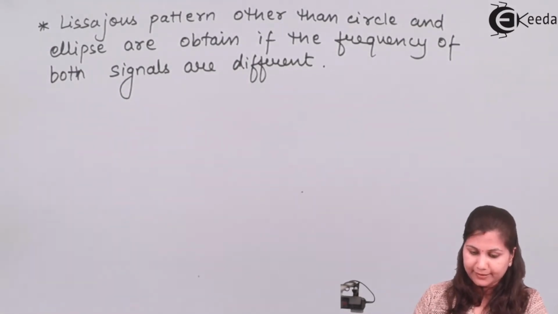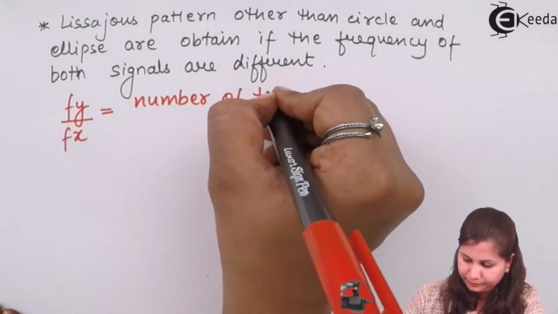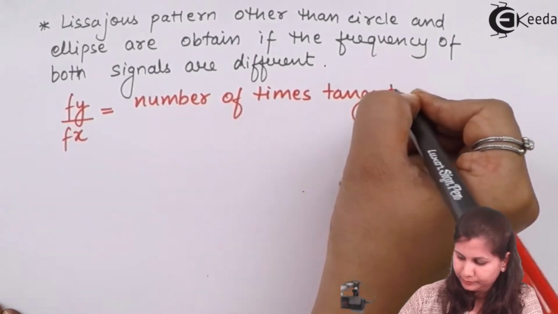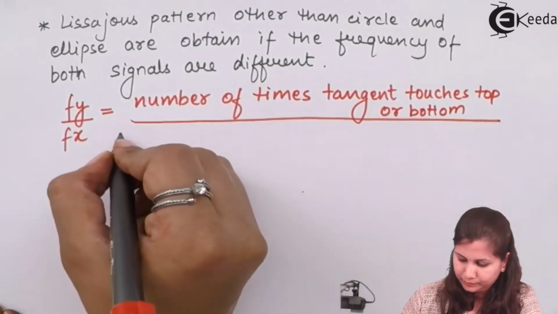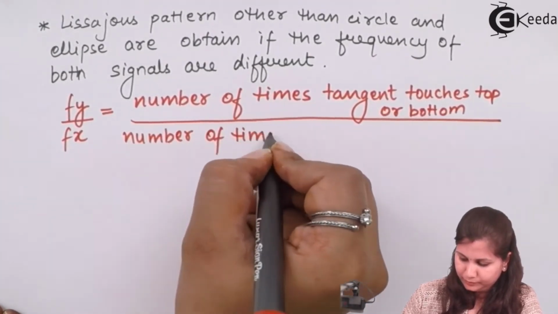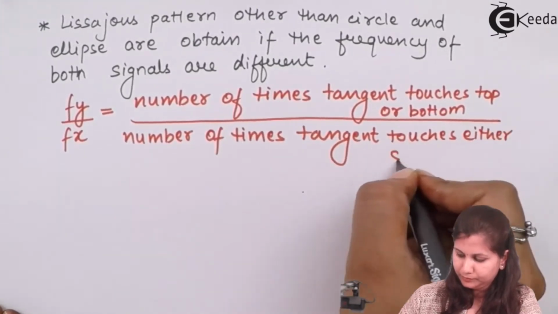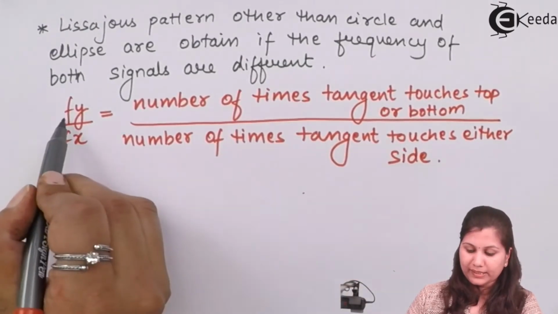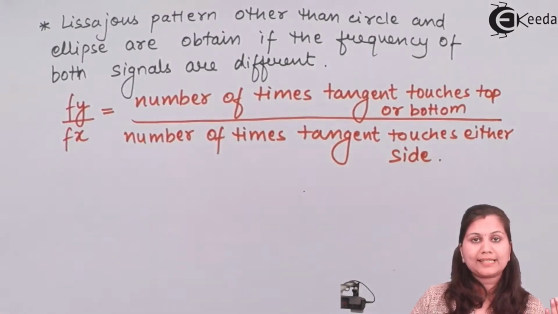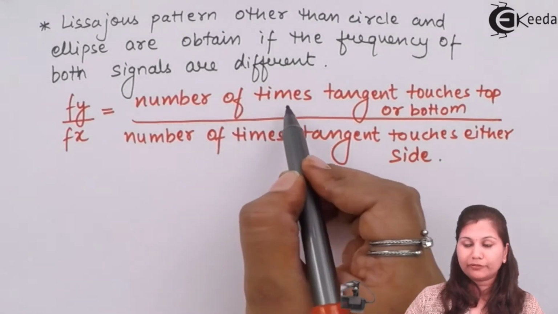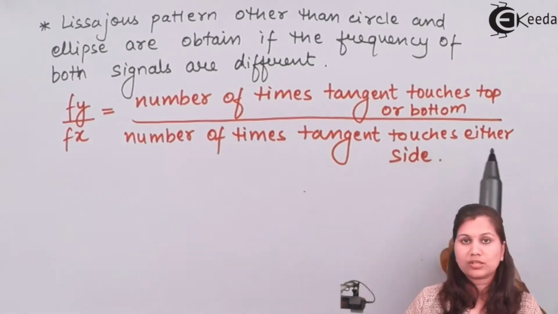The formula for that is: the ratio of frequencies between the signals Fy and Fx, that is the signal on the Y plates and the X plates, is given by the number of times the tangent touches top or bottom divided by the number of times the tangent touches either side.